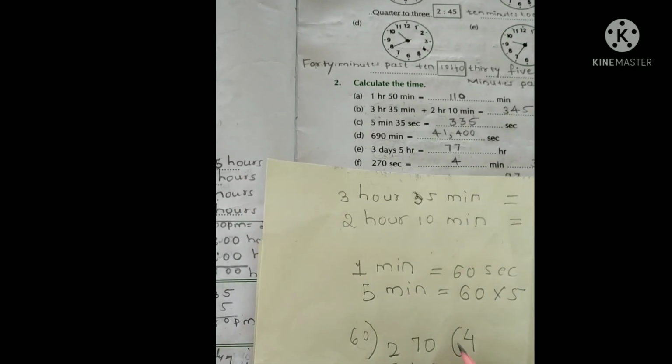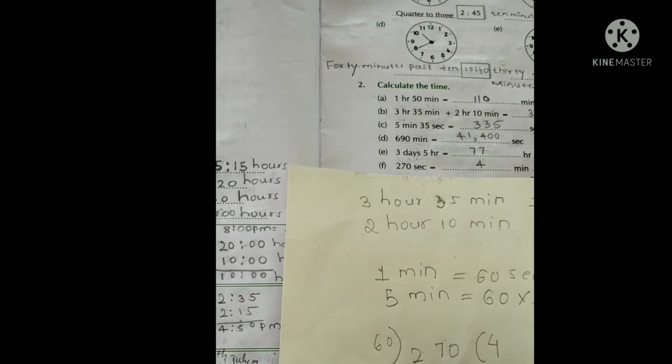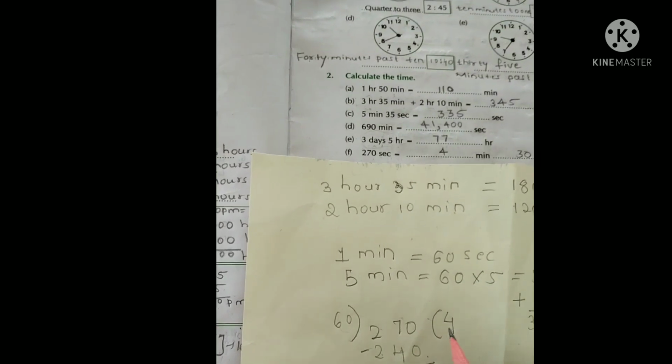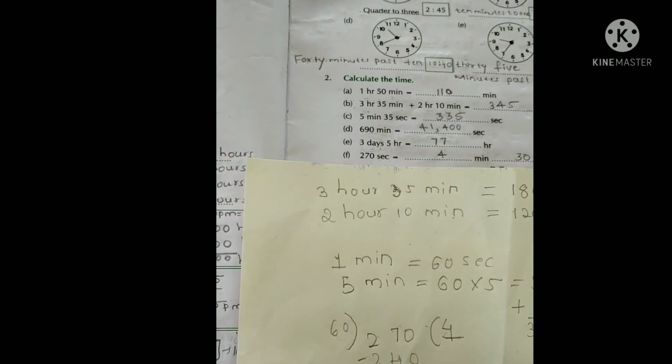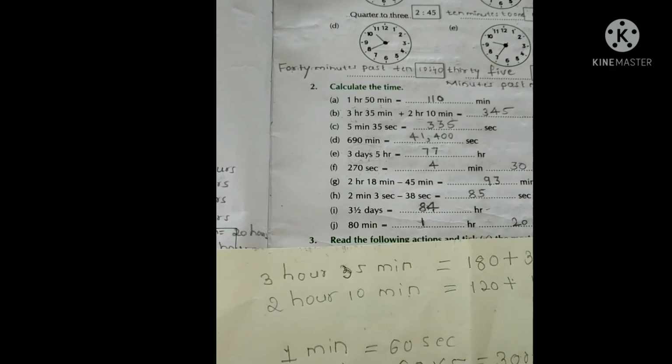So subtract this. 0 minus 0 is 0, 7 minus 4 is 3 and 2 minus 2 is 0. So what answer did you get here? 4 minutes 30 seconds. Understood? Yes. We'll go to the next question.